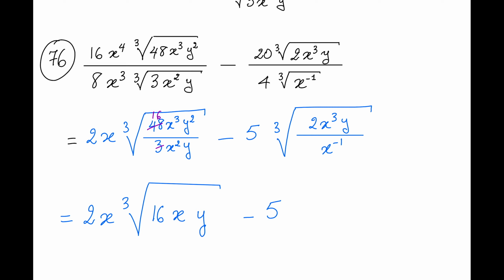Minus 5 times the cube root of 2 times x cubed divided by x to power negative 1. Remember, x to power negative 1 downstairs means x upstairs, right? Because the minus in the exponent means the reciprocal. So dividing by x to power negative 1 means multiplying by x. And 3 plus the 1 becomes a 4, right?